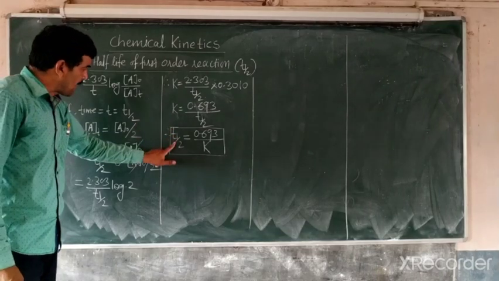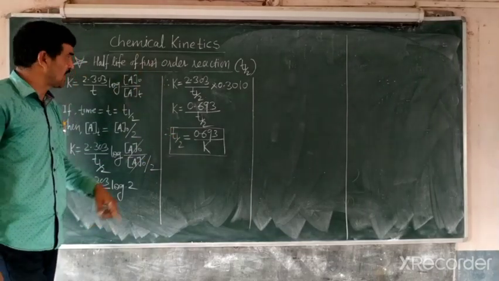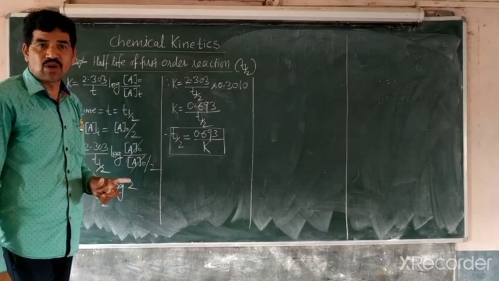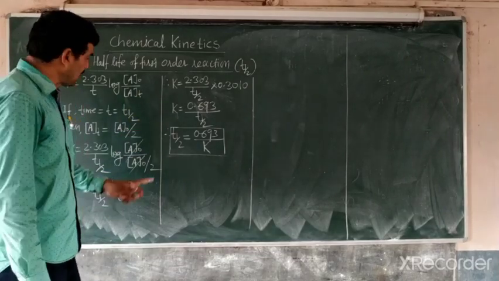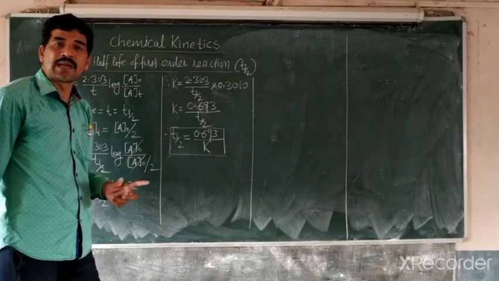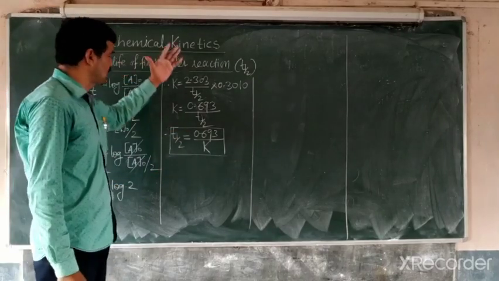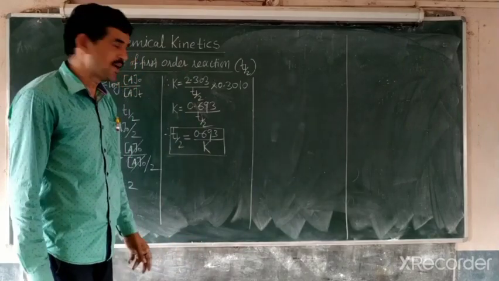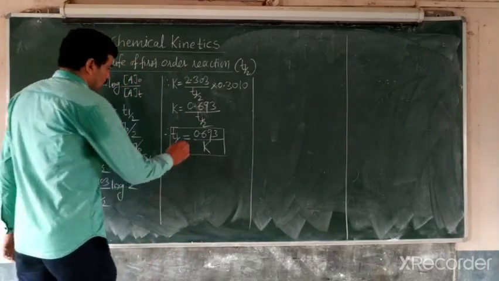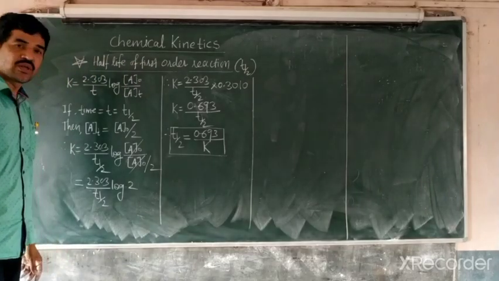You can obtain the half-life of the first order reaction by taking different initial concentrations for a particular reaction. Every time you will get the same value of half-life. Means half-life of the first order reaction is independent of the initial concentration of the reactant. So this is the equation for the half-life of the first order reaction.